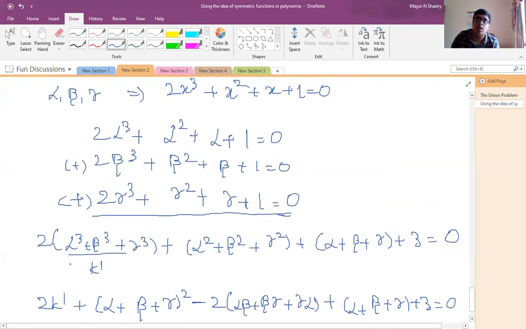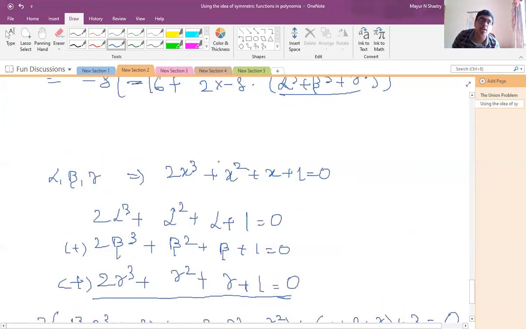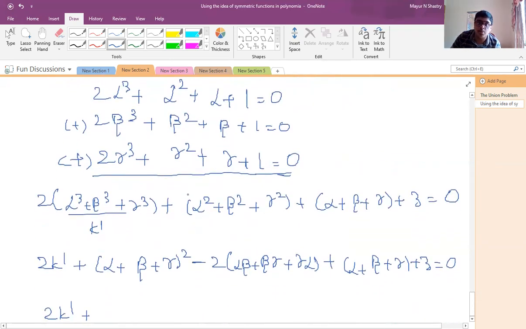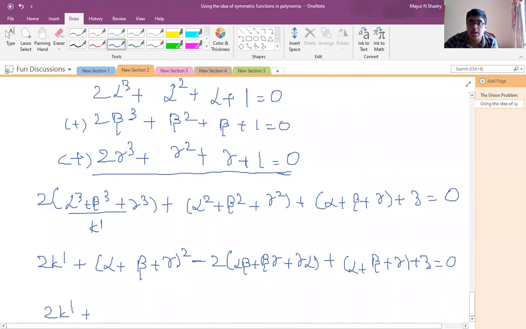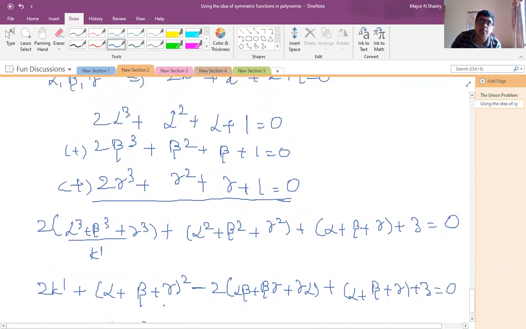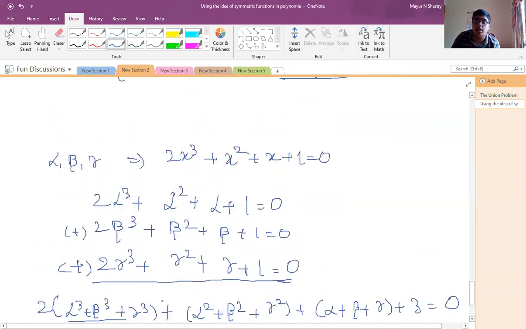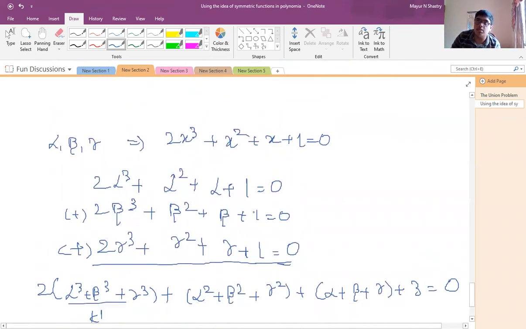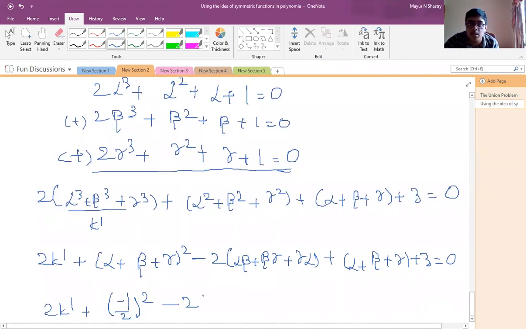Here, again using Vieta's relations, it's negative 1 by 2. So we get negative 1 by 2 the whole squared minus twice of alpha beta plus beta gamma plus gamma alpha. That's going to be 1 by 2 again from Vieta's relations. We're going to get 1 by 2 plus alpha plus beta plus gamma. Just now we saw that it's negative 1 by 2. And then a plus 3. This should equal 0.